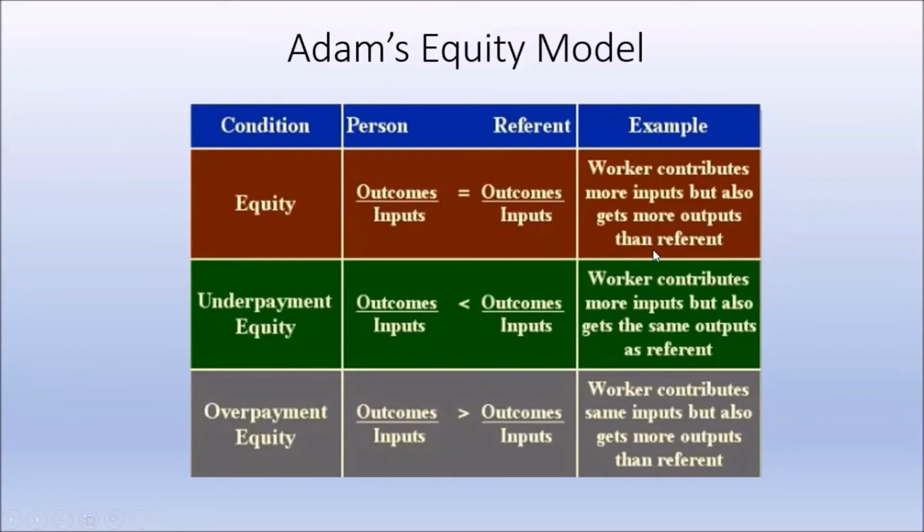The reference means when the employees try to refer what he or she got at that time to others, he or she will compare himself or herself with other employees at the workplace. So it refers to how the employees will compare what he or she got with what the other workers got in the workplace.